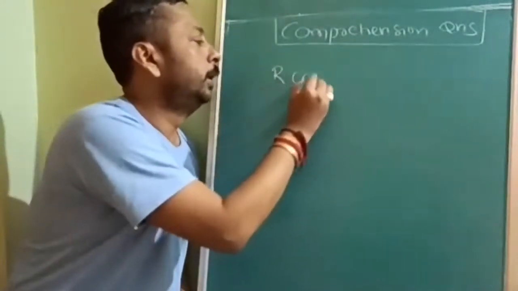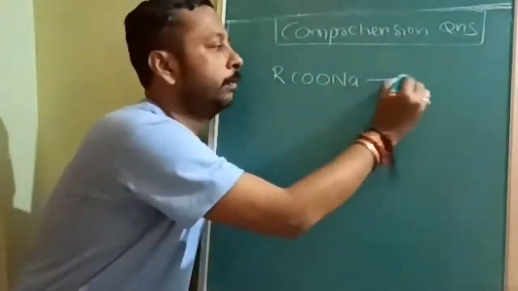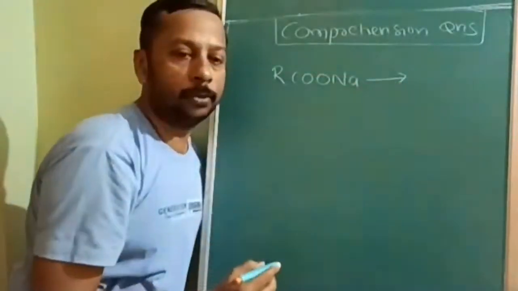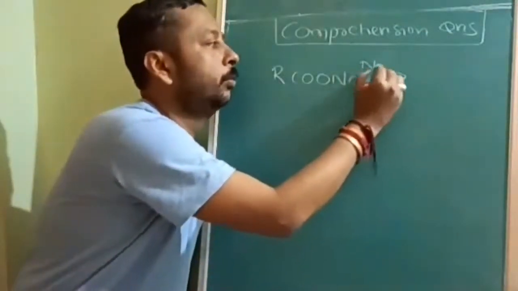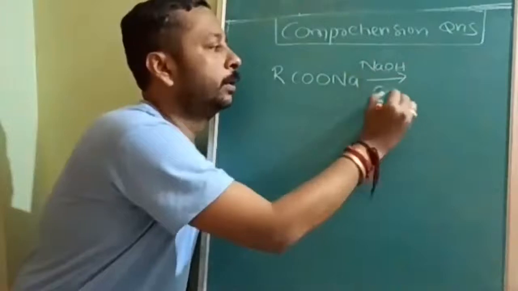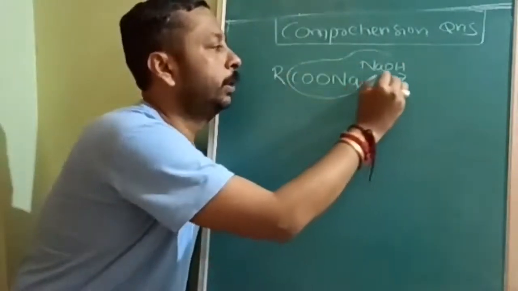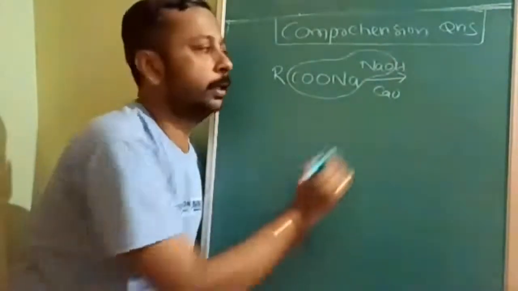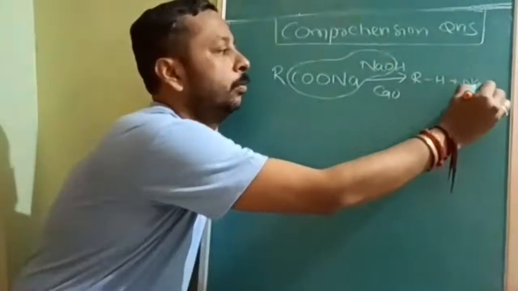So for that, the best method is the decarboxylation method. In the decarboxylation method, RCOONa is treated with what? Soda lime. Soda is NaOH, and lime is CaO. So what will it remove? Simply it removes CO2, and it forms RH plus Na2CO3.